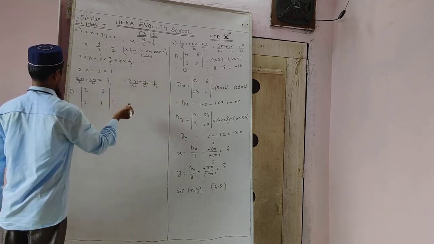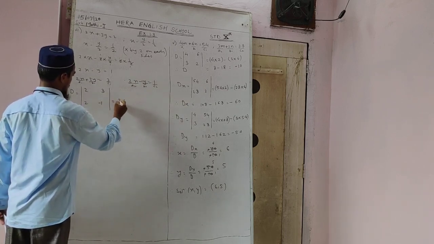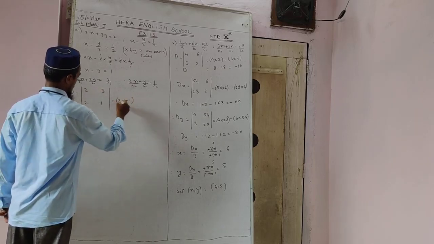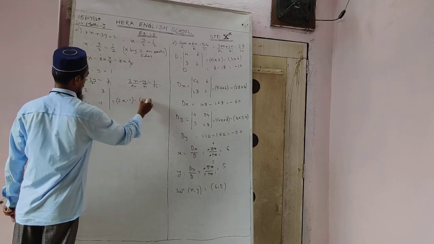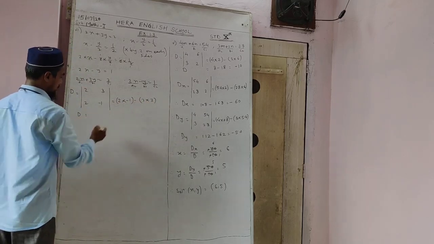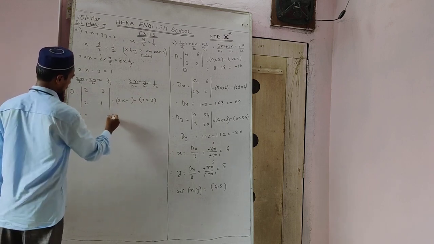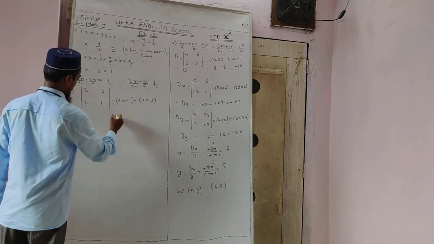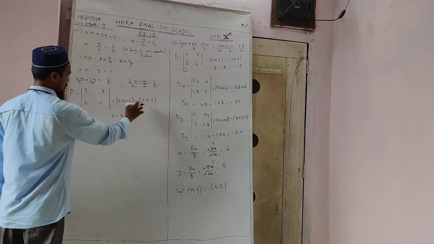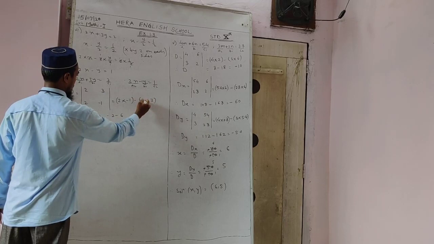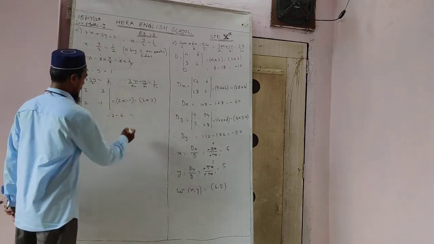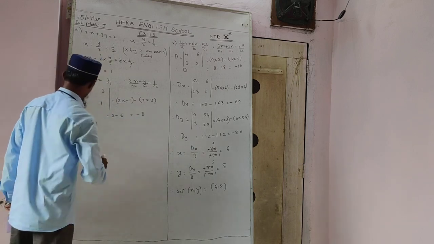Take the product by cross multiplication: 2 into minus 1 minus 2 into 3. Value of d equals minus 2 minus 6, which is minus 8.